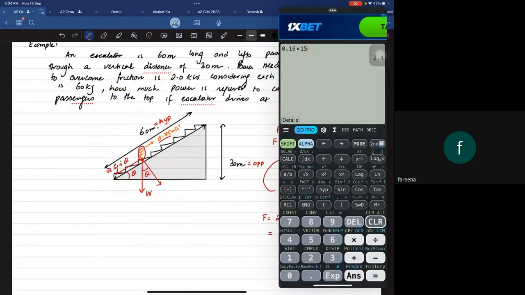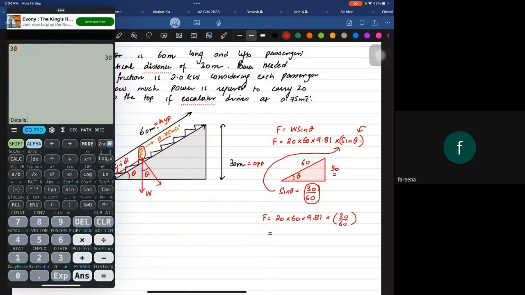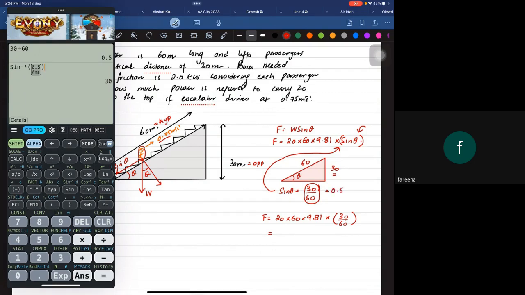If you do 30 over 60, it will be 0.5. You agree? Now, if I find sine inverse of this answer, what do I get? 30 degrees, right? Now, this one is 0.5. And now check this, sine 30 is 0.5. So it doesn't really matter. Do you get it?